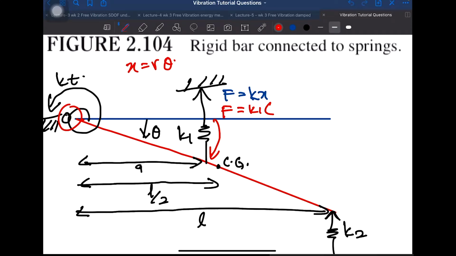So for K1, the distance from the pivot point is a. So our x will be a theta. Substitute here a theta. So this is the force for K1.